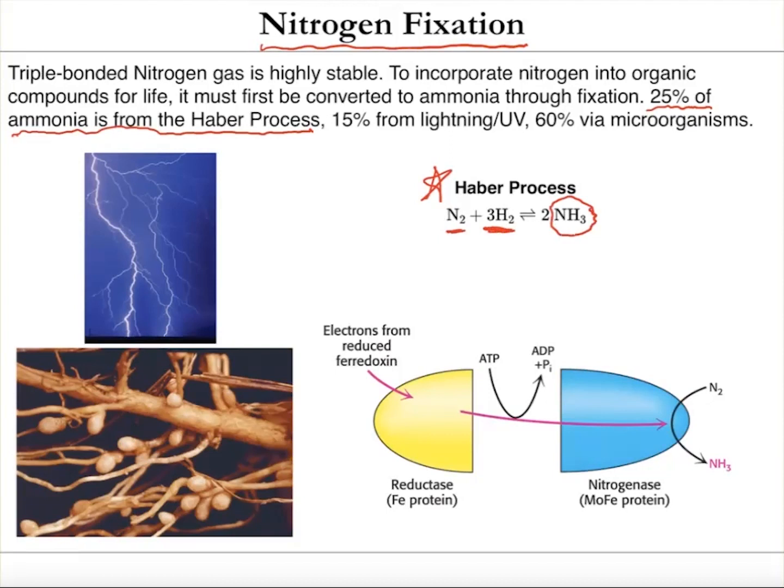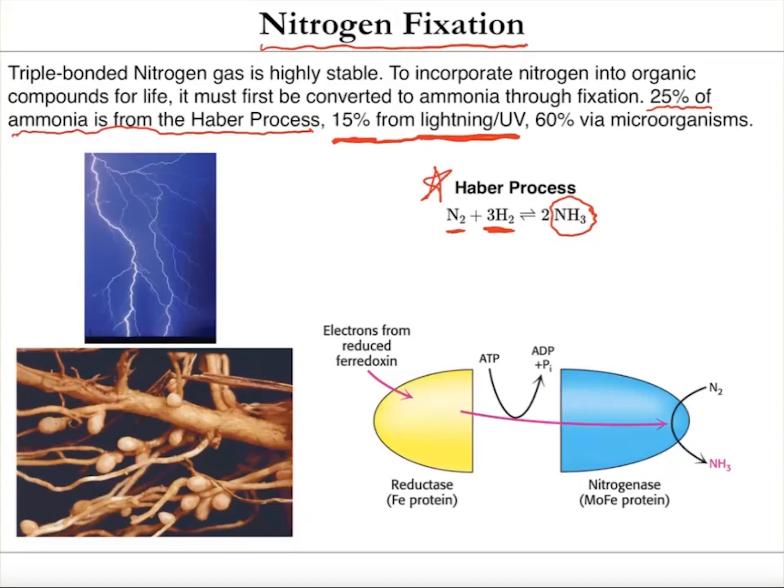So that ammonia can be incorporated into plants, and then we eat the plants, or cows or chickens or something eats those plants, and then we eat them, and that's how that nitrogen gets into our body to be able to use it. So before the Haber process was invented to make these fertilizers, the only ways to really get nitrogen fixation was through lightning and UV.